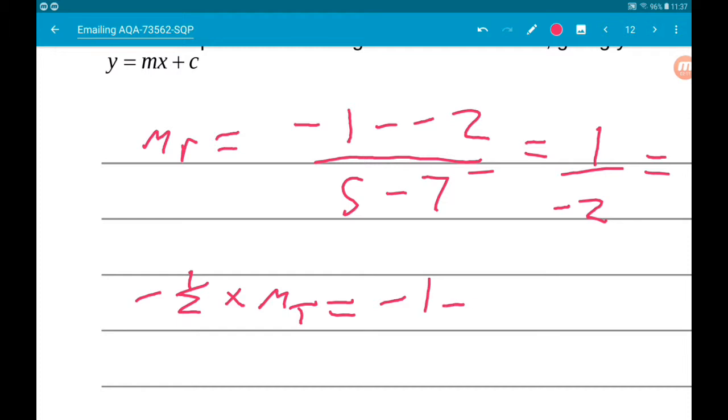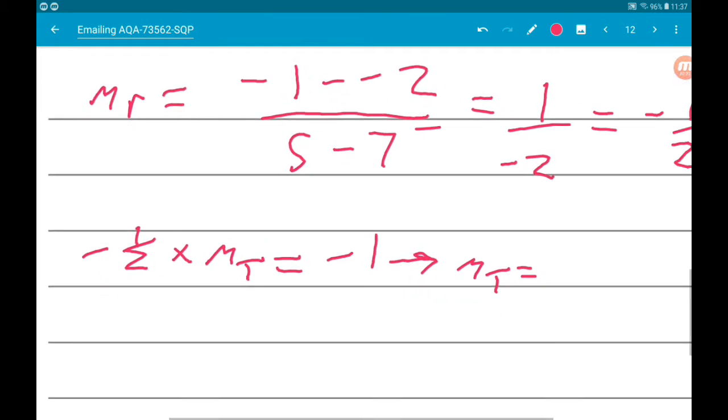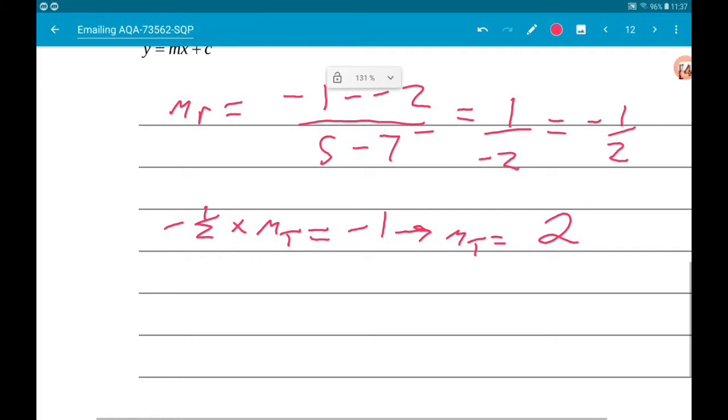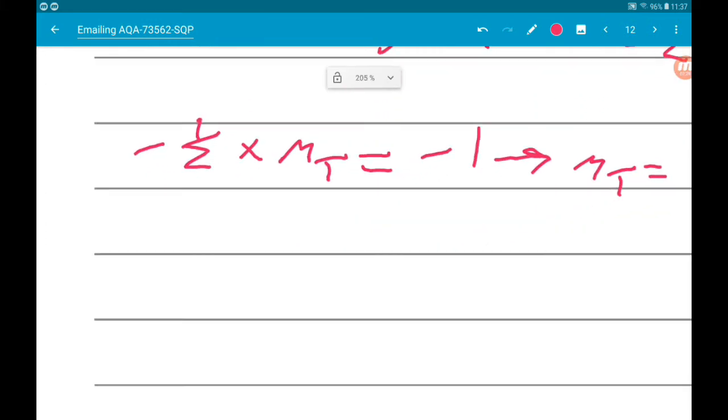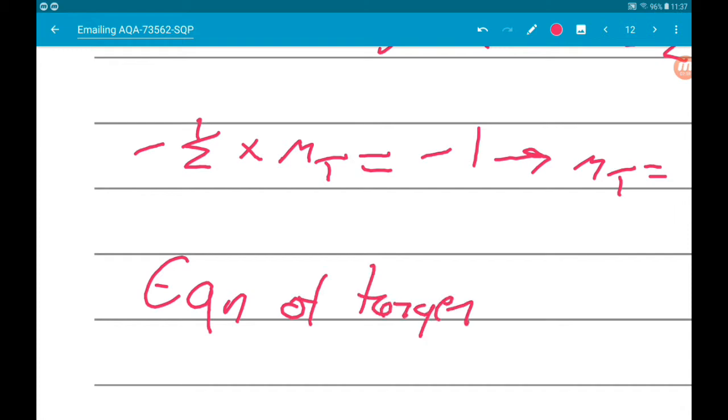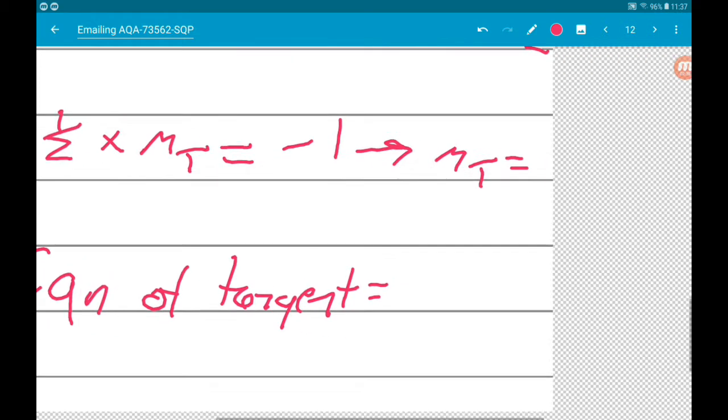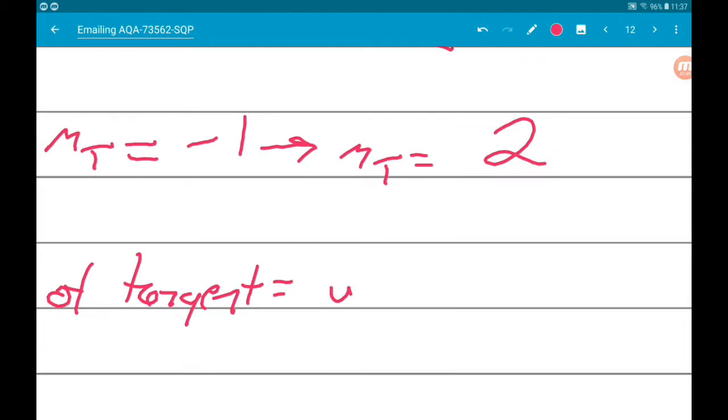So the gradient of the tangent is −1 divided by −1/2. So that's positive 2. So, we know then the equation of the tangent is of the form y = 2x + c.